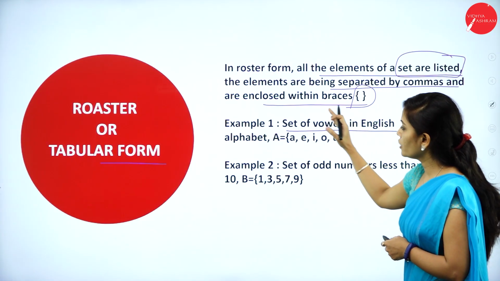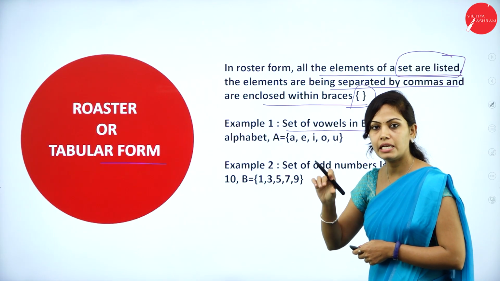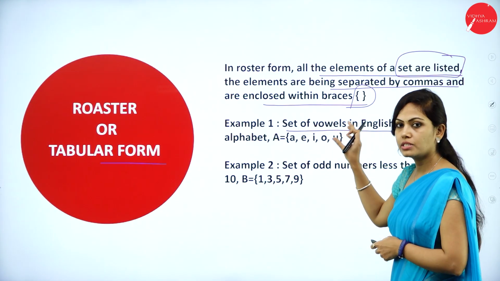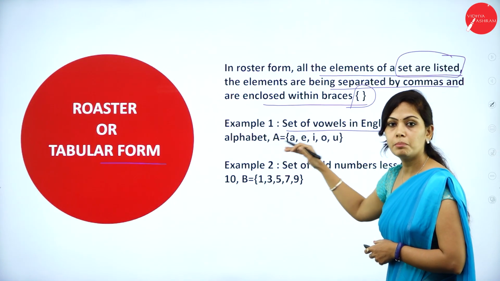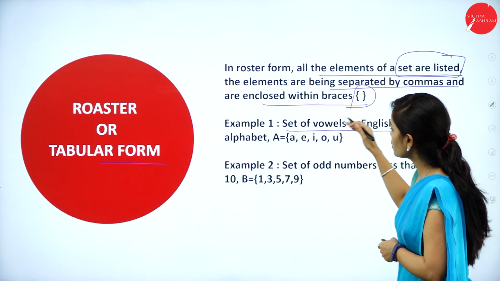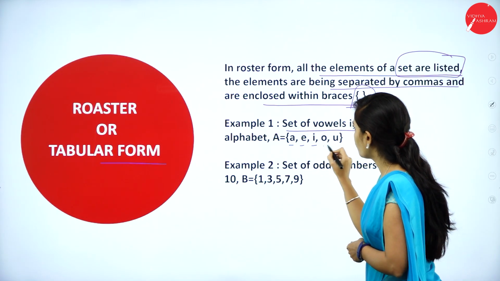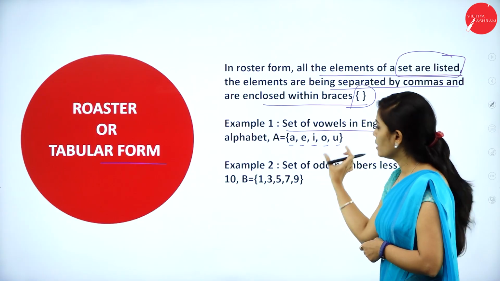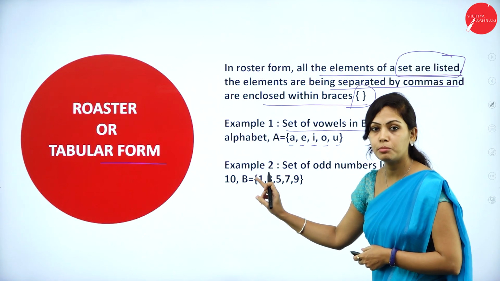So here in roster or tabular form, you need to list all the elements. That means if your sets are in statements, you need to convert it into a number of elements, or you have to list the elements. So set of vowels in English alphabet means we have A, E, I, O, U. So here the statement is converted into roster or tabular form.